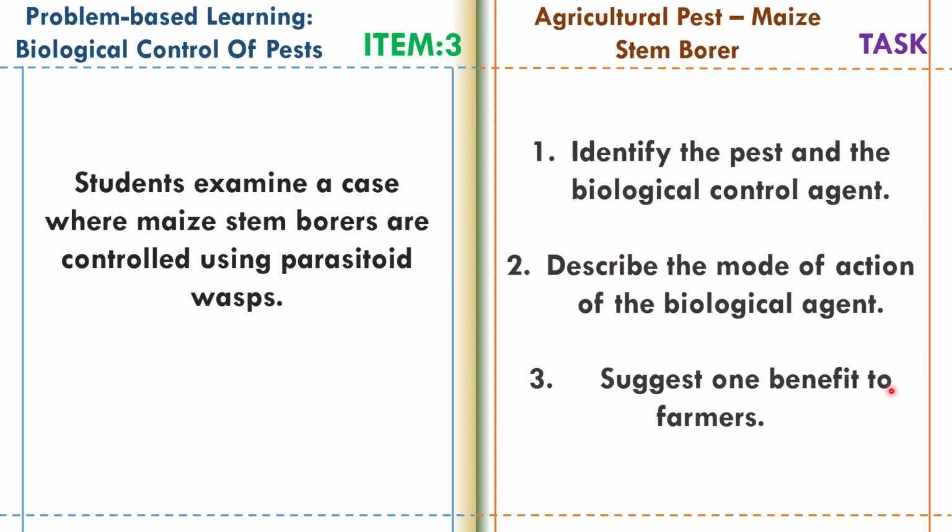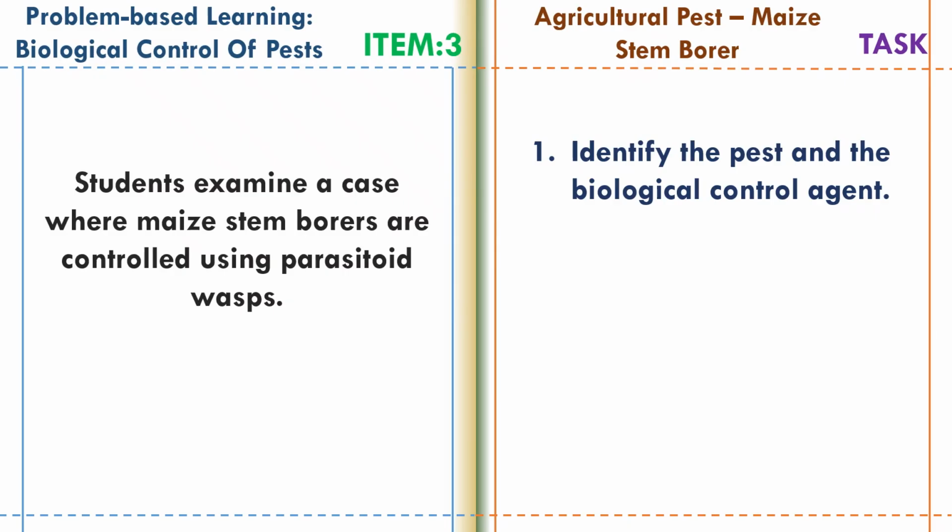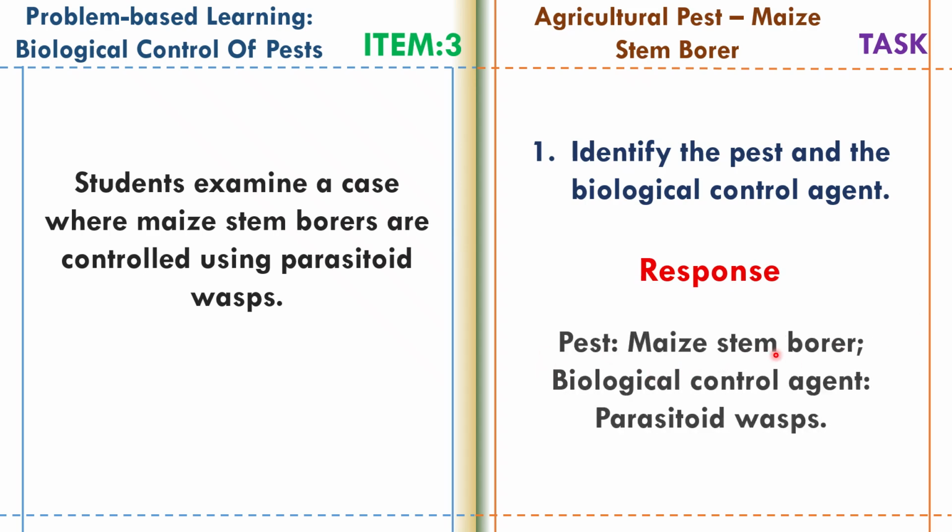Suggest one benefit to farmers. Identify the pest and biological control agent. The pest is maize stem borer. Biological control agent are the parasitoid wasps.